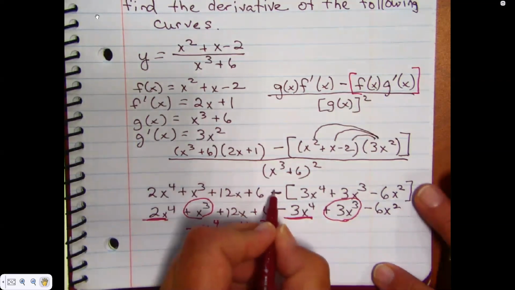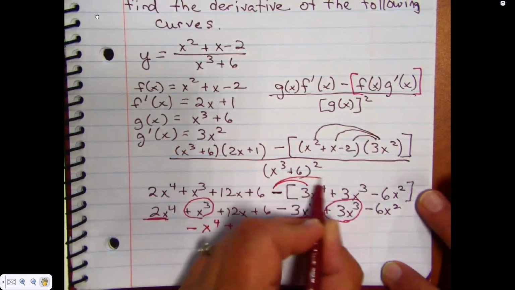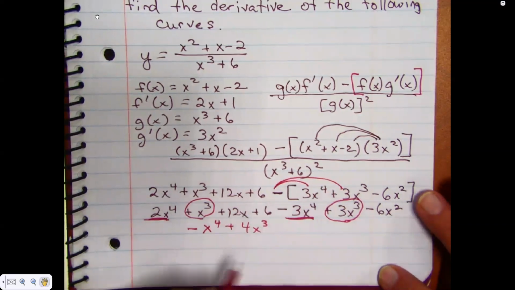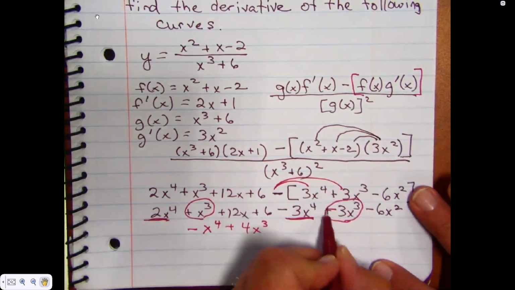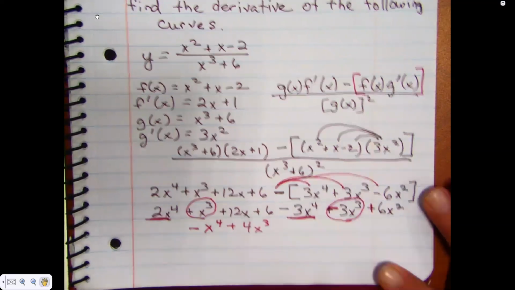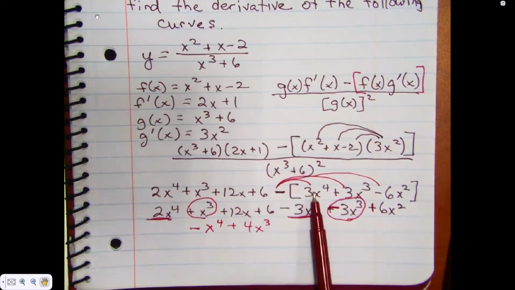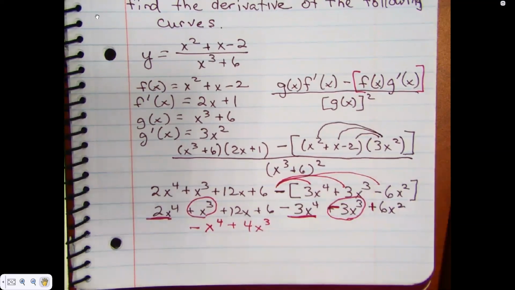I said to do it and then so I did the first one, but what should this be? The whole reason I rewrote it and then I miserably failed. This should be minus, and this guy should be plus. Yeah, back that up. This guy should be negative because you have to distribute. That's the whole reason for the parentheses. And then this guy has to be plus, so make sure you have that as plus.